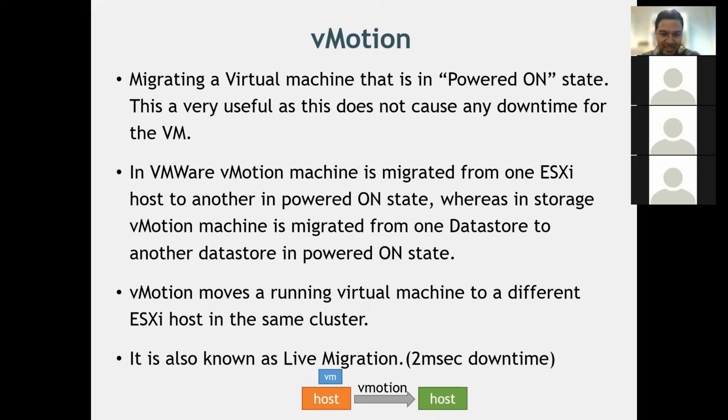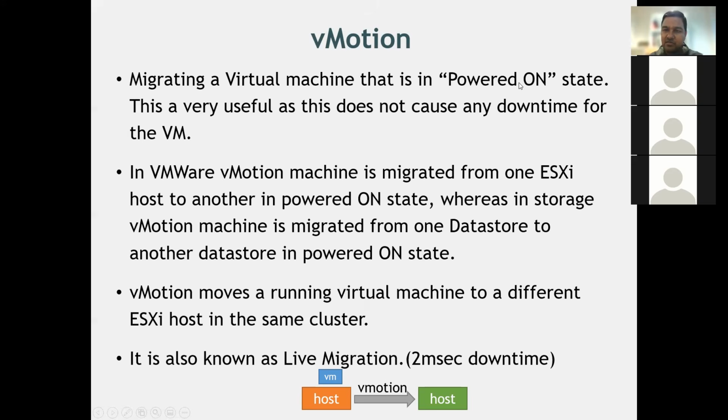That is amazing, and it is making them win a lot of deals in the market because of this vMotion, and they have really worked very hard to get it. This is called live migration. So for vMotion services, the migration is in a power on state.